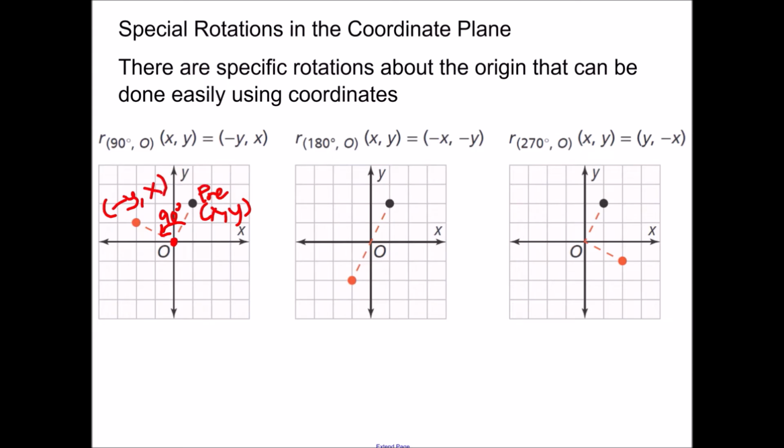So basically I make the y coordinate negative and then I switch the x and the y.